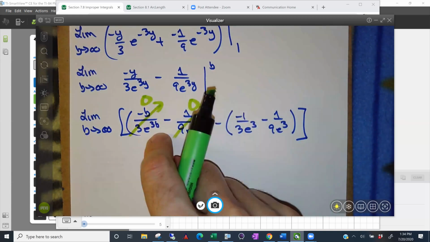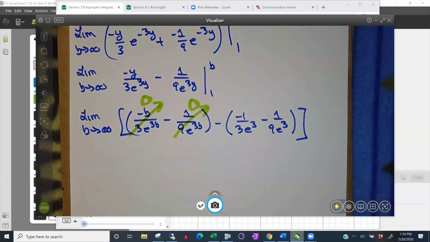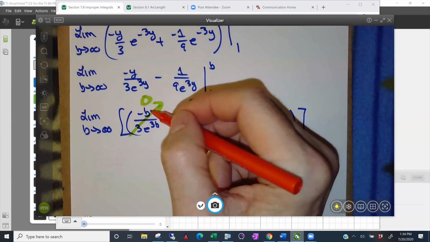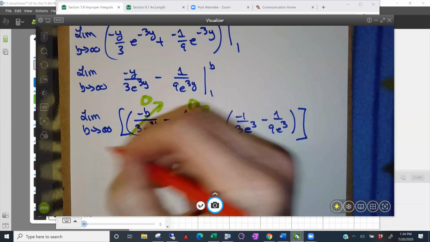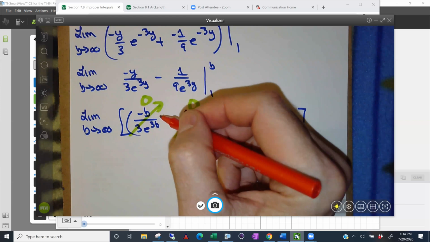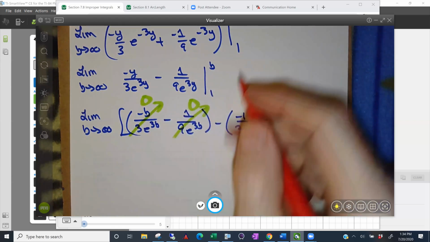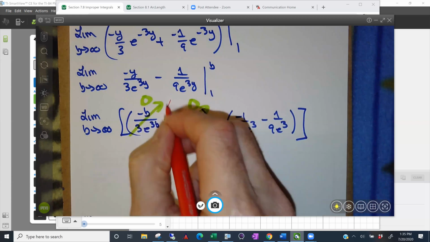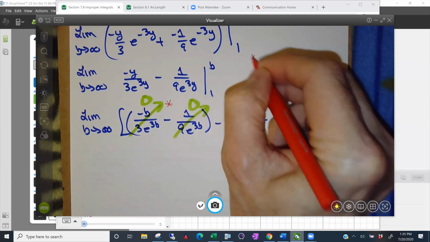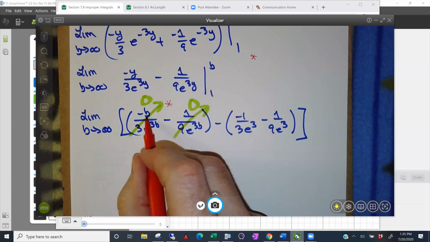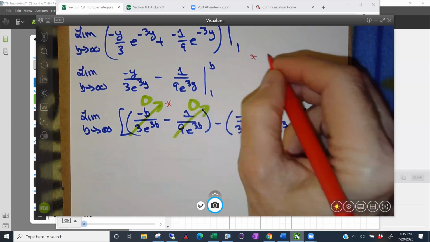This would be a good one to use L'Hopital's rule with. L'Hopital's rule says if you have something of the form infinity over infinity when you're taking a limit, that you can take the derivatives and then reevaluate the limit. So maybe if you want, a little star off to the side here, the derivative with respect to b of the numerator is going to be negative 1.